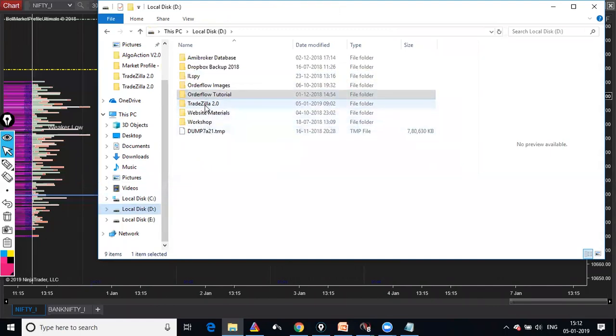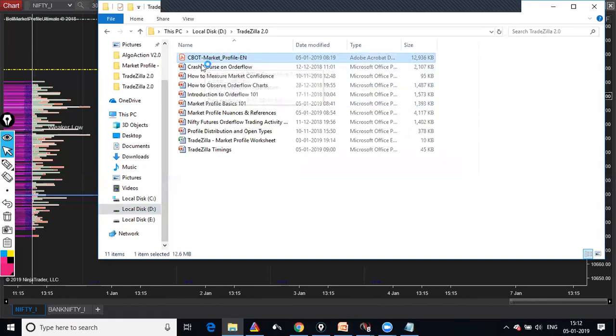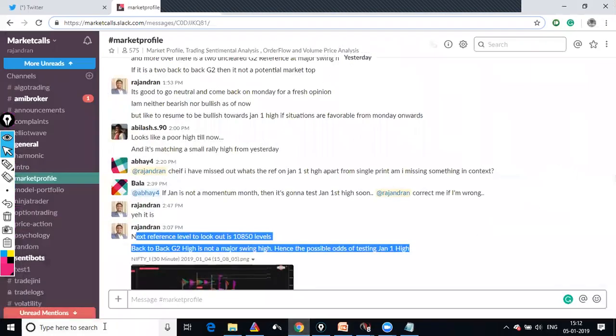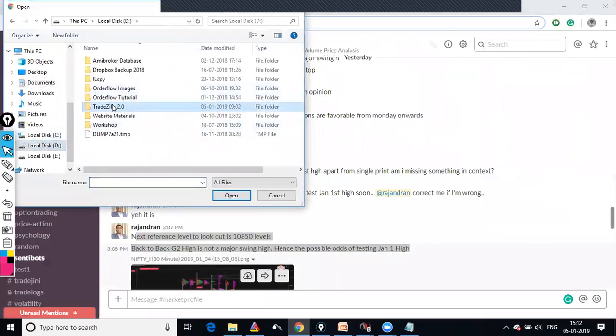So under TradeZilla 2.0, I can share this CBOT market profile. It's more or less the same thing, and it's public material available on the internet as well. I can share it in Slack, so you can go back to Slack and download this copy.